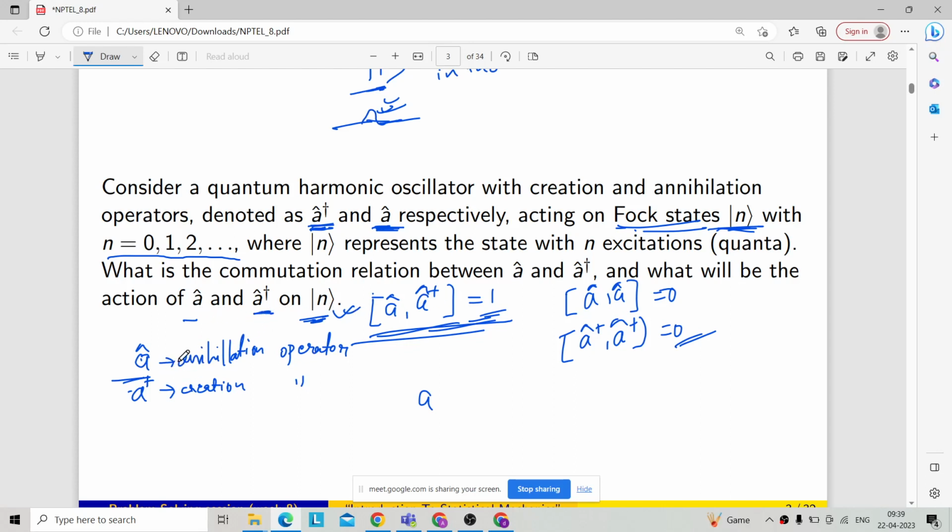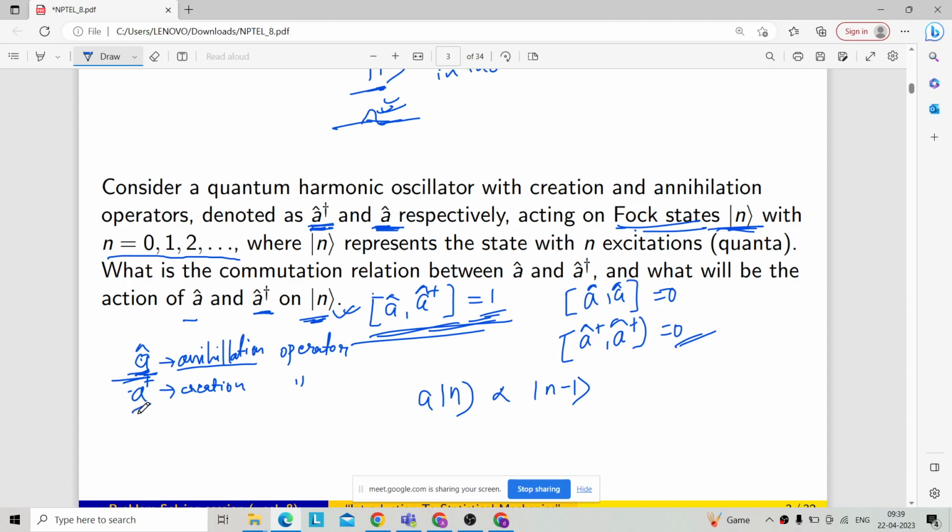As the operator's name suggests, the annihilation operator will annihilate one particle. So if I operate this A on the state, it will annihilate one particle, so the final state should be proportional to n minus 1. One particle is annihilated, so the number of particles is n minus 1.